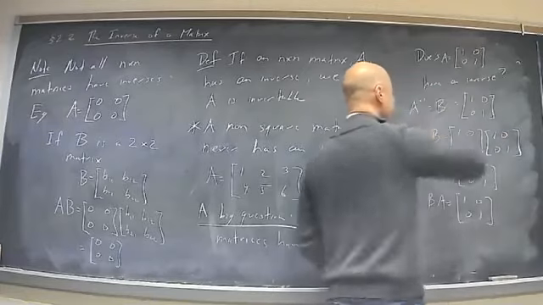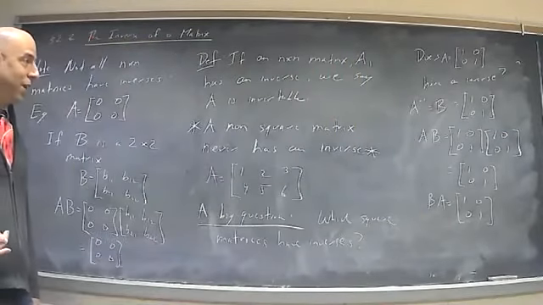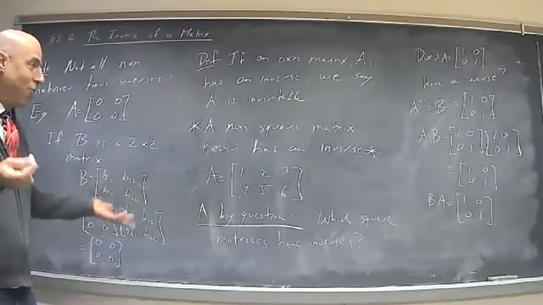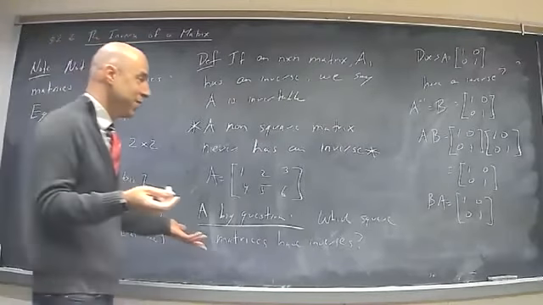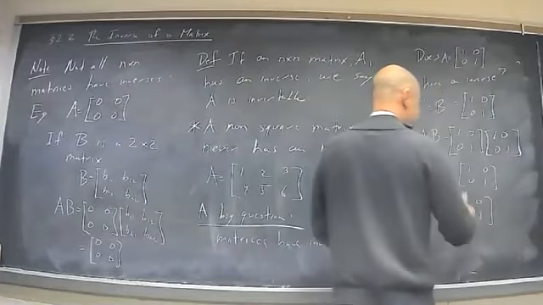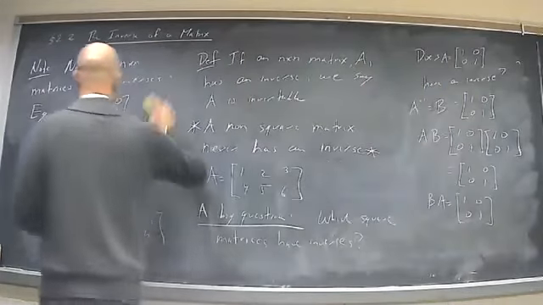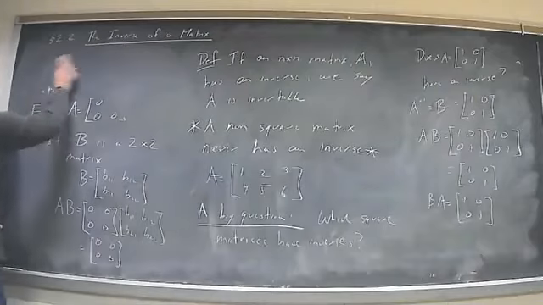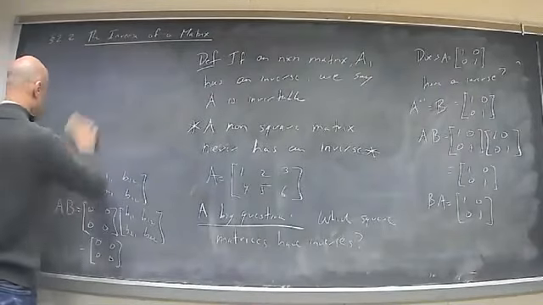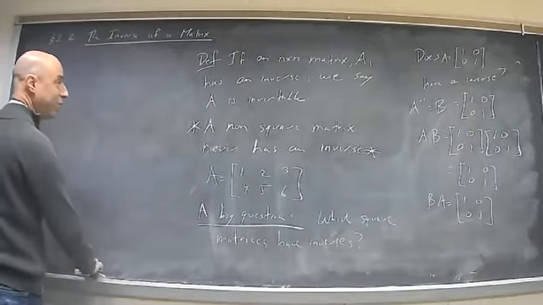So the identity is its own inverse. You can multiply the identity by itself in either order, not that you can even tell what the order is, because if it's the same as itself, then the order doesn't matter. So it's definitely invertible.